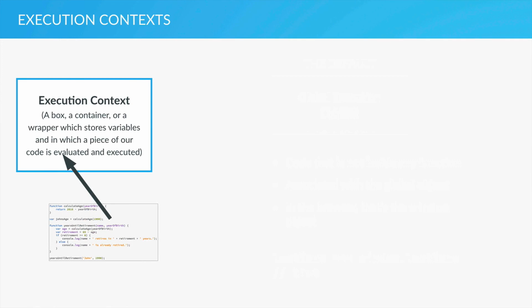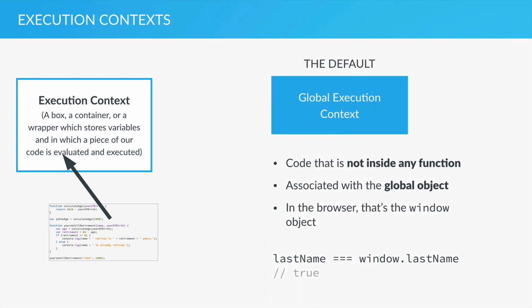So you can imagine an execution context like a box or like a container, which stores variables and in which a piece of our code is evaluated and executed. We will go more in depth about this in the next slides. Now, the default execution context is always the global context.